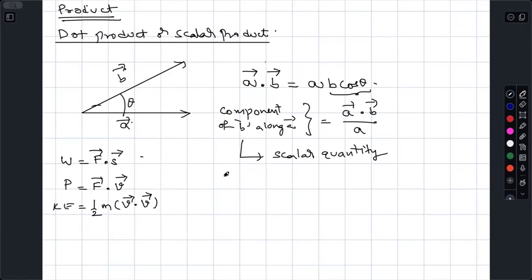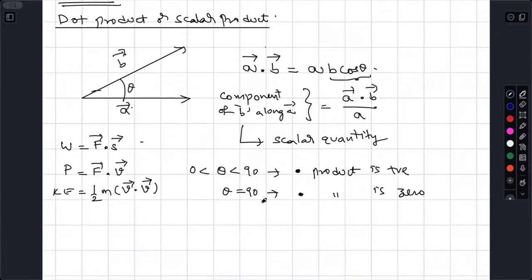Anything is possible. If theta lies between 0 to 90, then the dot product is positive. If theta is equal to 90, the dot product is 0.